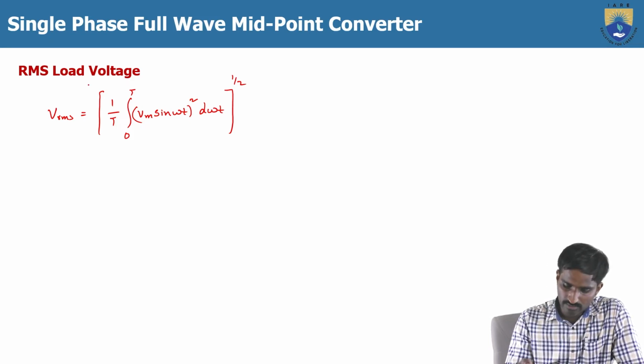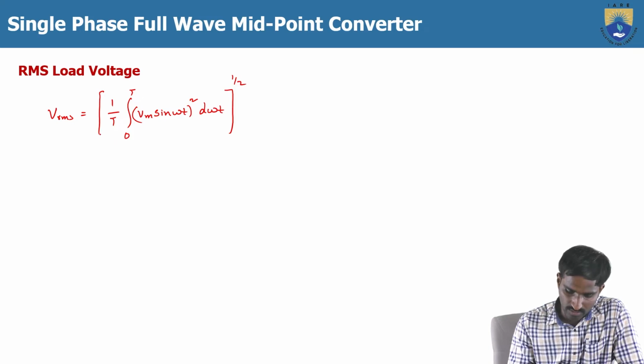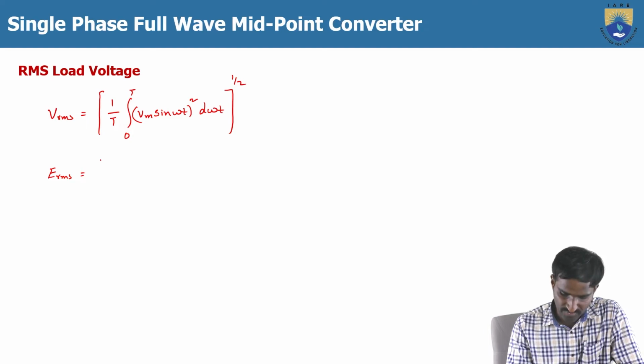Then we have to write the equation for the output waveform that we have drawn for the single phase full wave midpoint converter. Here, instead of V we have considered ERMS, and the time period is again 1 by pi, and the limits, the conduction period we have just seen, is not 0 but alpha to pi.